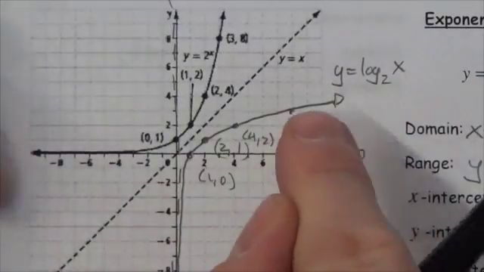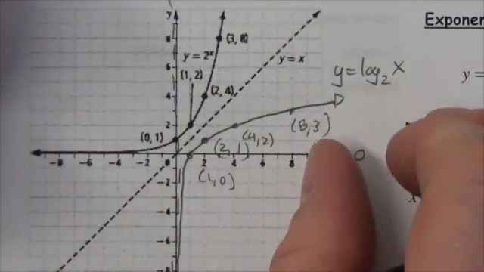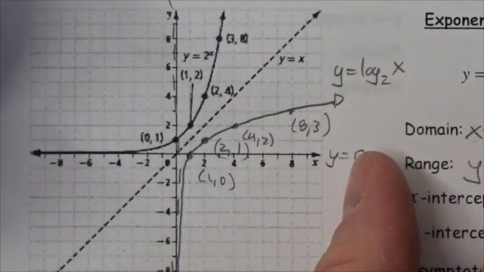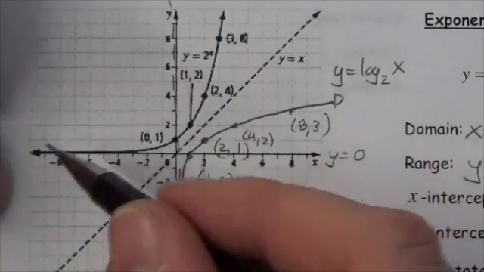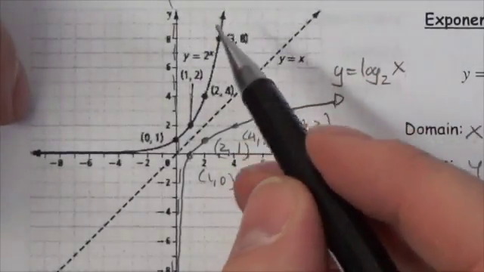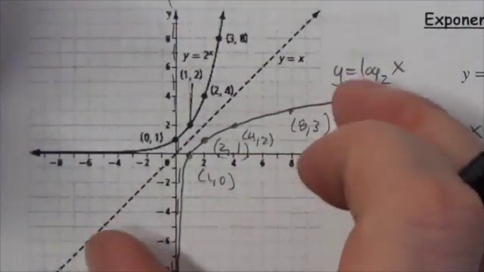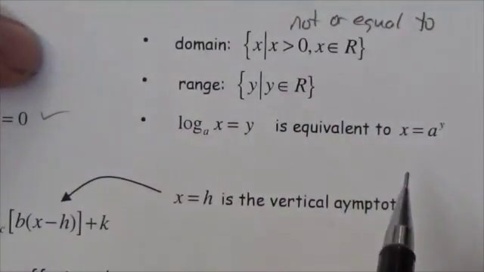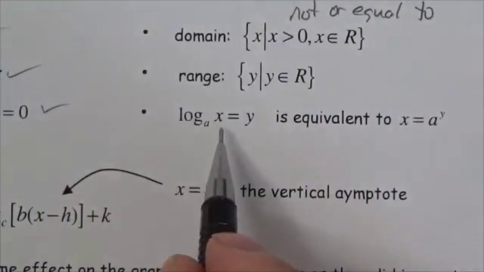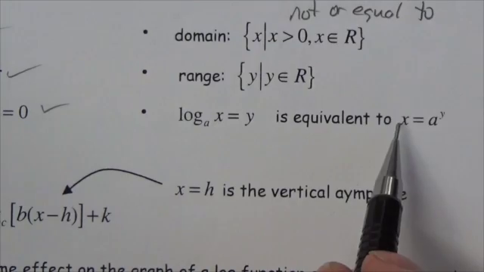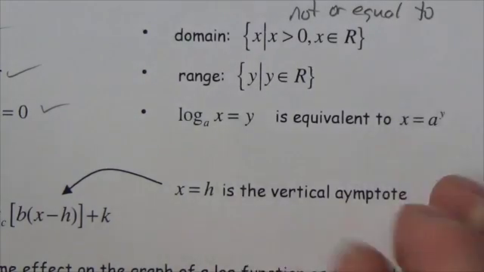The logarithmic function also grows forever, but it does it very, very slowly. Whereas the exponential function grows really fast, this one grows really slowly. It does, however, have an infinite range. Okay? And once again, log base a of x is equal to y is equivalent to x equals a to the y. These two are exactly the same.